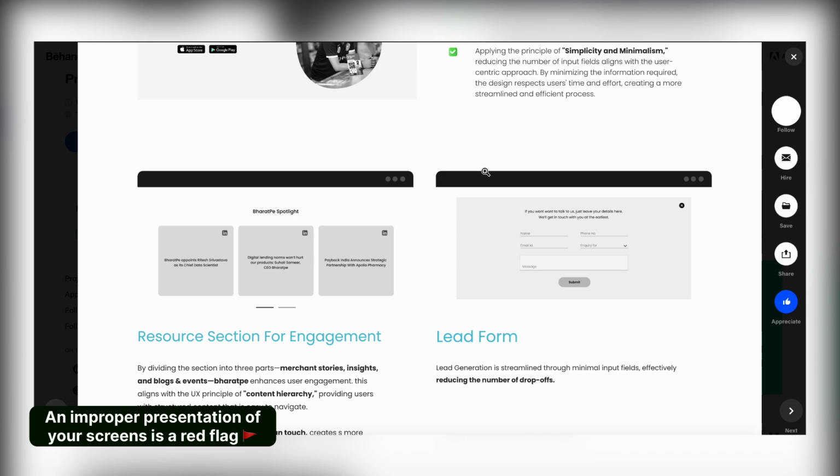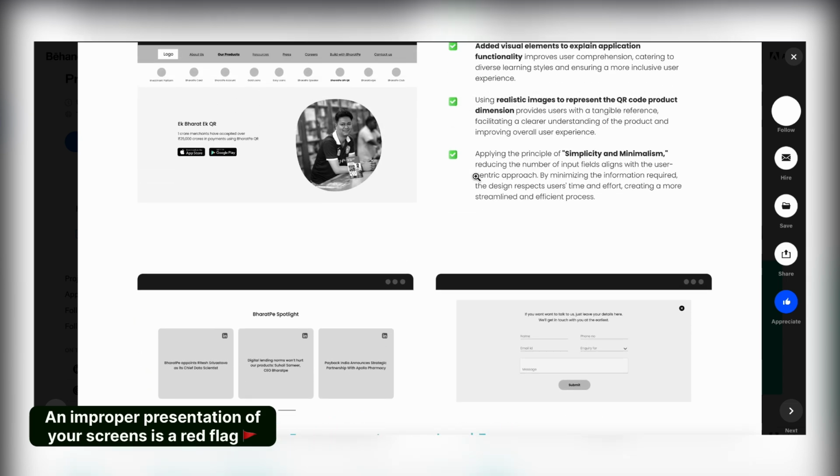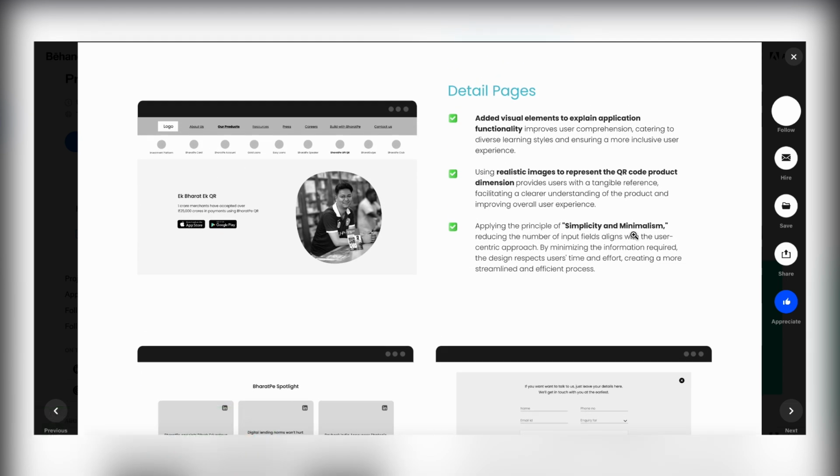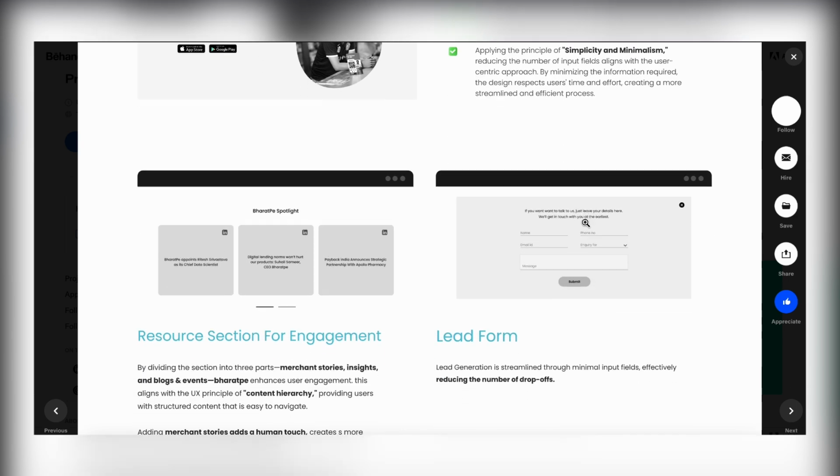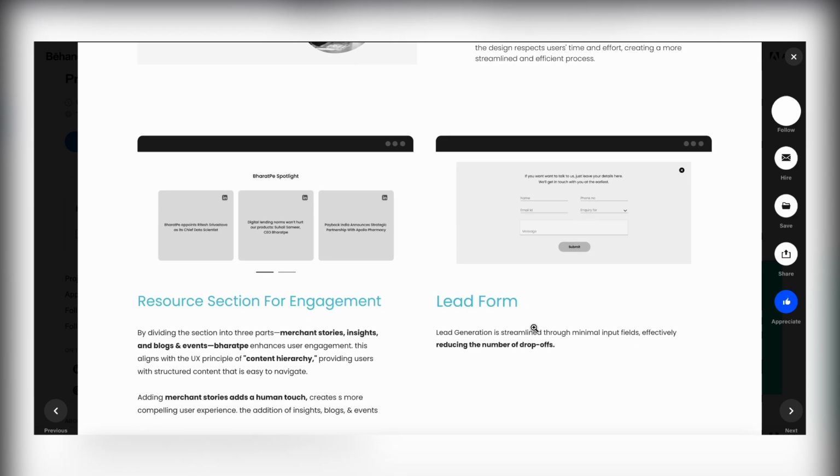Simplicity, minimalism, using these fancy words, they won't impress the recruiter. I don't see that work. I want you to use animations, point out what exactly you did to achieve these principles. Lead generation form is streamlined through minimal input fields, effectively reducing the number of drop-offs.